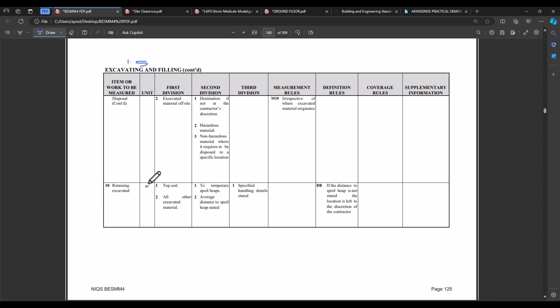It is measured in meter cube. So what are we retaining? Topsoil material. Where are we going to store it? The second division is temporary spoil on site. You are going to specify the area. If there is any specified handling, you state it here. But if you don't have anything, you can leave it, or you can leave this work to the discretion of the contractor on site, depending on the agreement in the contract.